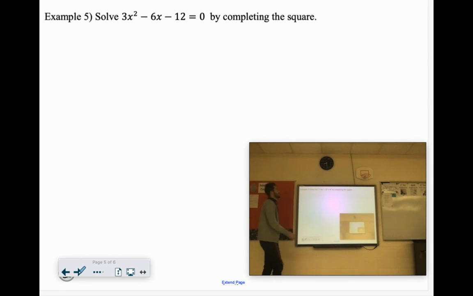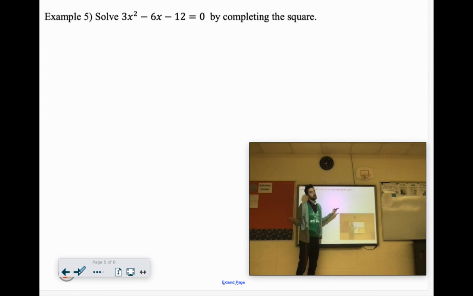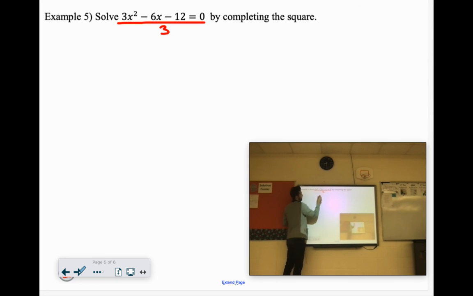3x squared minus 6x minus 12 equals 0. So you could move the 12 first, or you know you're going to have to divide everything by 3 anyway, so it doesn't really matter the order you do that in. Let's divide everything by 3 first. So it'd be x squared minus 2x minus 4 equals 0. We'll add the 4 to the other side.